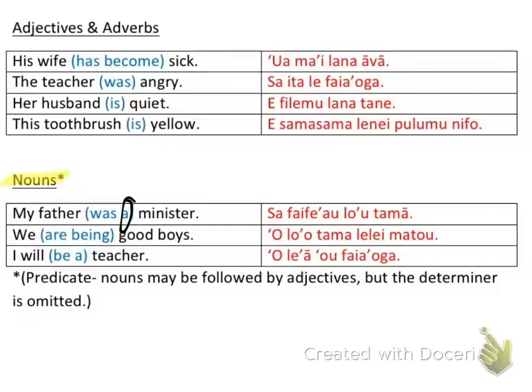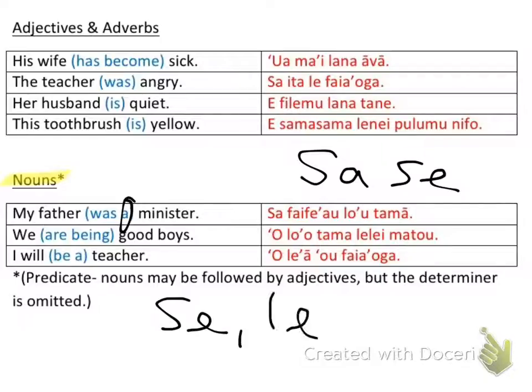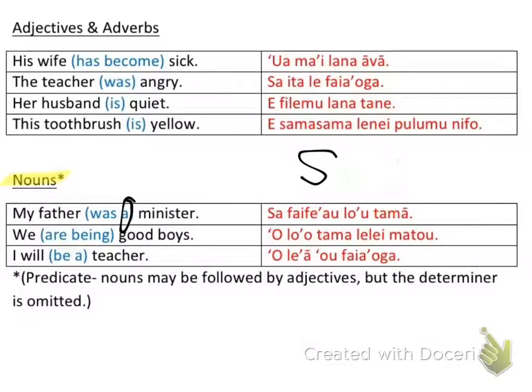I don't need sa se fai fiao. I just say sa fai fiao lo tuma, because I'm using a noun as a predicate phrase. So when I use nouns as predicate phrase, I don't need to use a determiner. So determiners are like say, lay, ni. So those are my most common ones. And there's also some other ones, but that should help you remember what a determiner is.